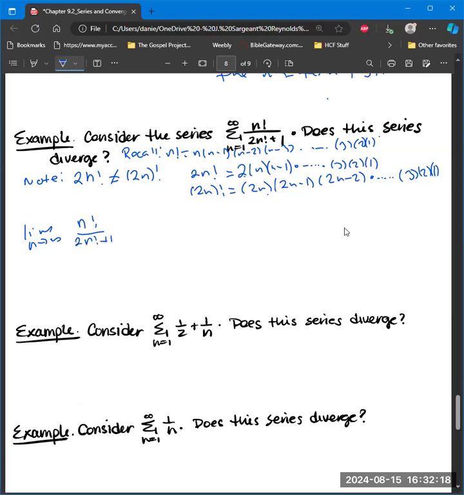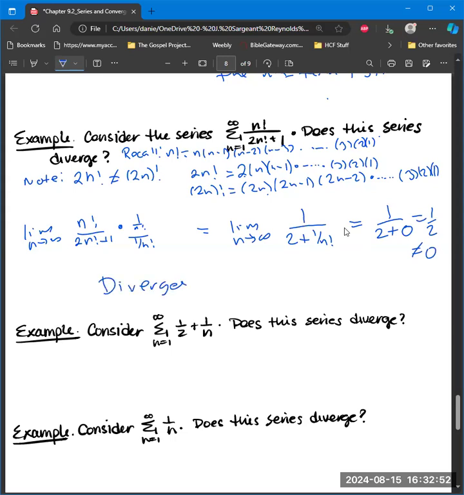The easiest way for me to do this is to multiply by 1 over n factorial, top and bottom, and get the limit as n goes to infinity of 1 over 2 plus 1 over n factorial, which is equal to 1 over 2 plus 0, which is 1/2, which is not equal to 0. So this series diverges by the nth term test.